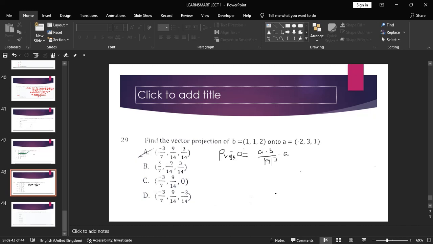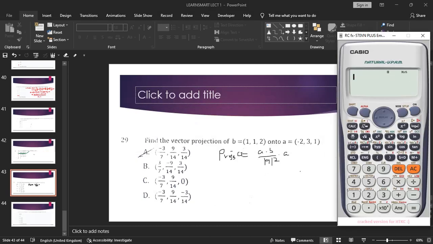So let's use our calculator. This is our magnitude. Let's first find our magnitude. We have A, so this is our vector A. We have minus 2 squared plus 3 squared, then plus 1 squared.